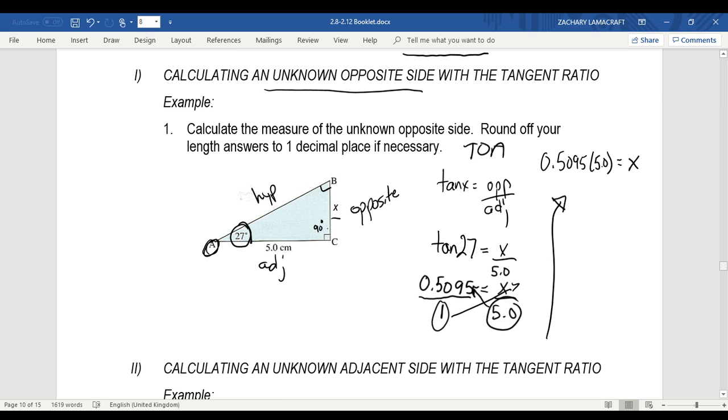Then if we multiply 0.5095 by 5, we should get an answer. Anyone? Yeah, 2.547 whatever. But we know in this case it said round side lengths to 1 decimal, so it would just be 2.5 centimeters.